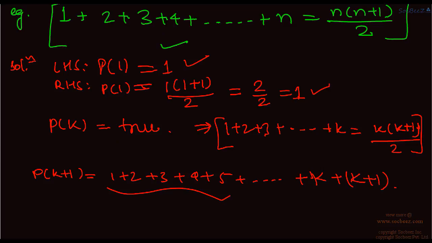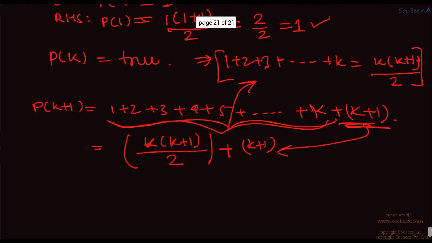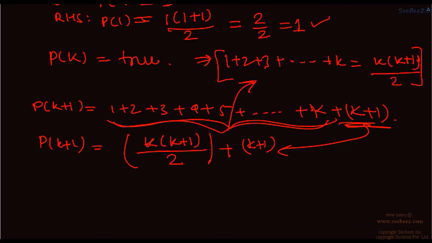Now, the sum up to k is given to you, so you can say that this is k into (k plus 1) by 2 plus (k plus 1). This sum I have written as k(k plus 1) by 2, and this term will be here. This is our LHS side.